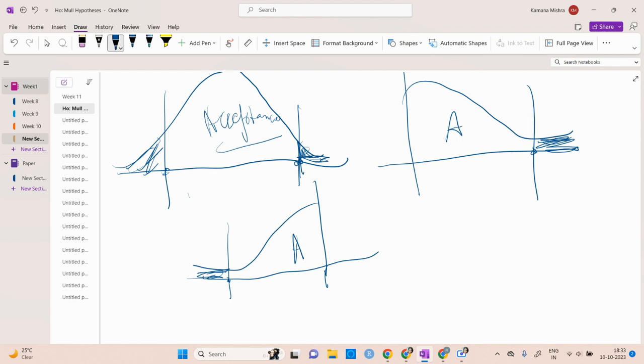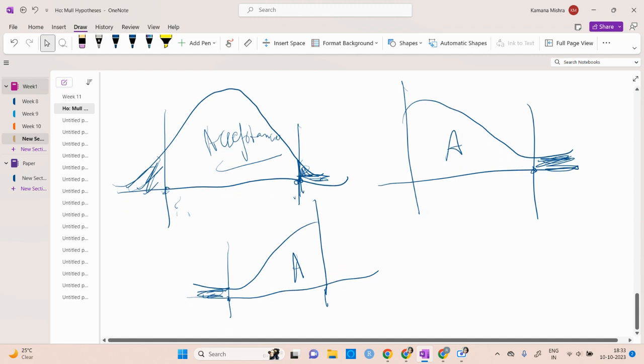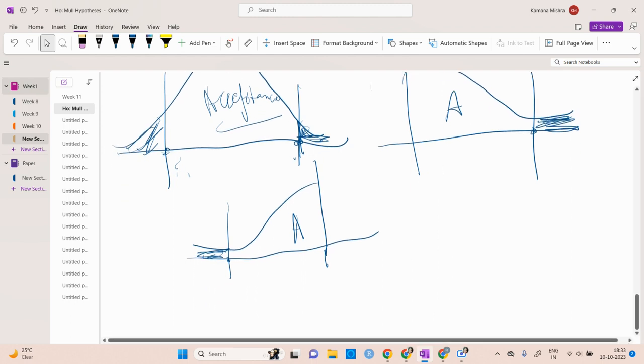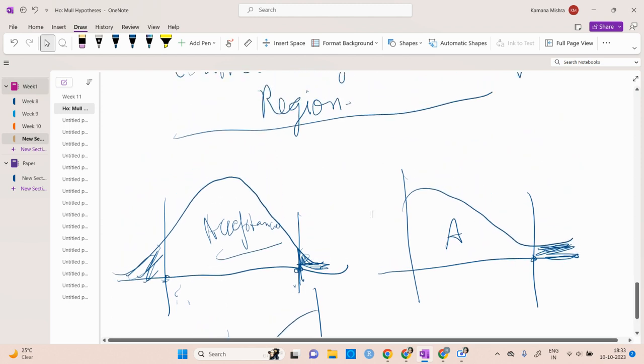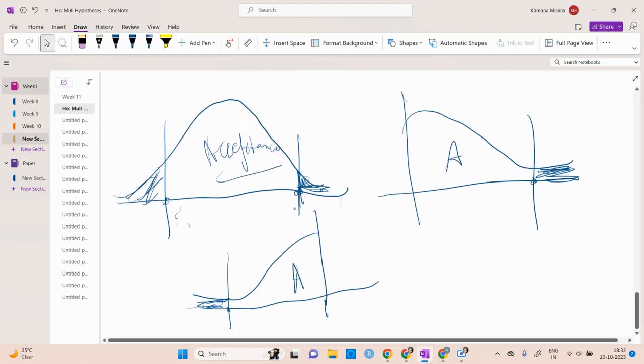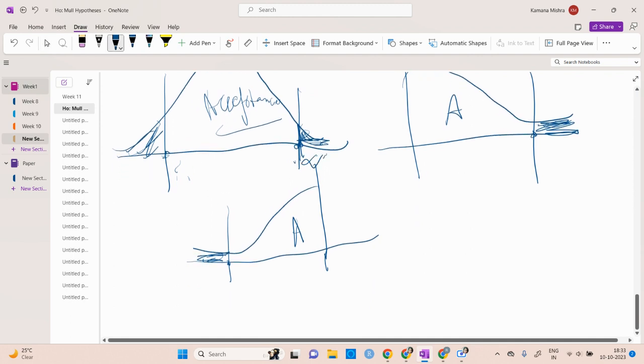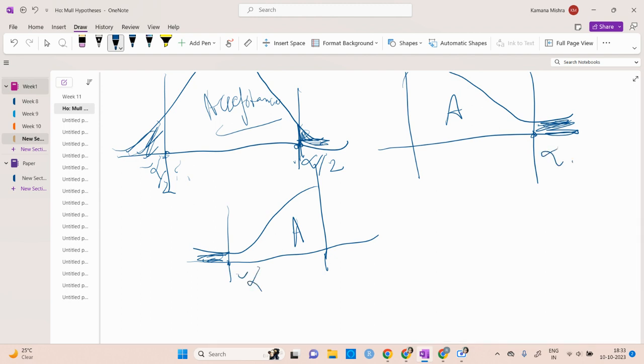So this will work in a two-tailed test, right? We are saying mu is equal to 95, and on the basis of this we will reject, right? If you take alpha, then this will be alpha by 2 on each side: minus alpha by 2 and plus alpha by 2.